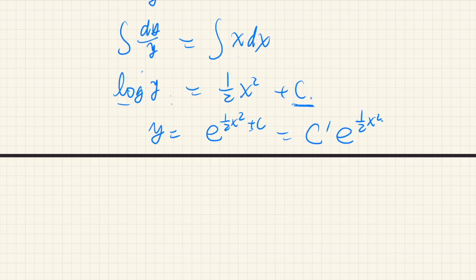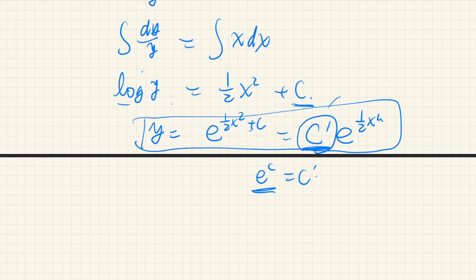So this c prime here is exponential of c. Okay, so this is just a constant, so we can just represent all constants like this. So this is the solution. So y, if not equal to 0 constantly, then it should be this function.